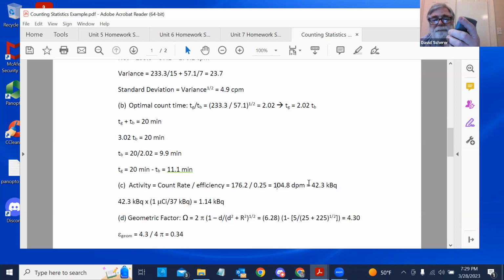Convert that to decays per second. 704 times 60 is 42,000 decays per, no. It's divided by 60. There are 11 counts per second, 12 counts per second.